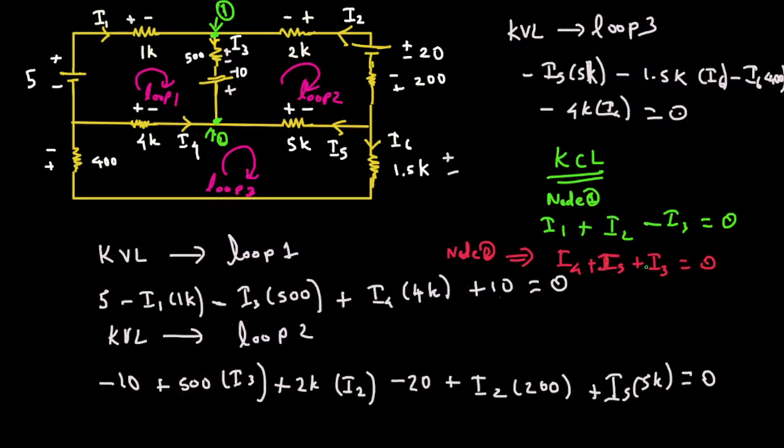You may wonder how this might be possible. It's because one of the currents is going to be negative. Negative means the direction we assumed is wrong. It's going to be the opposite direction. So it doesn't matter. Let's say you found I5 to be minus 20 ampere, which means the 20 ampere current is going in the other direction because of the minus.